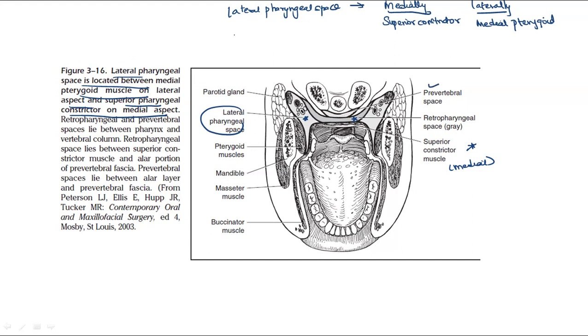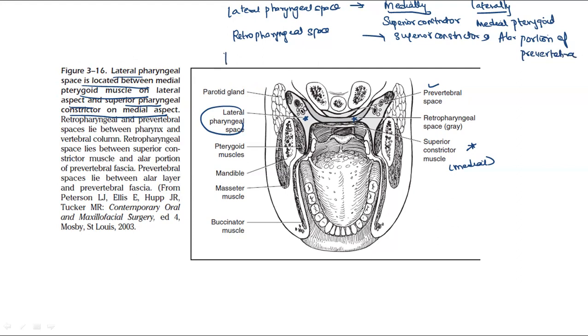So next we talk about the retropharyngeal space. You can see it is located between the superior constrictor and the alar portion of the prevertebral fascia.